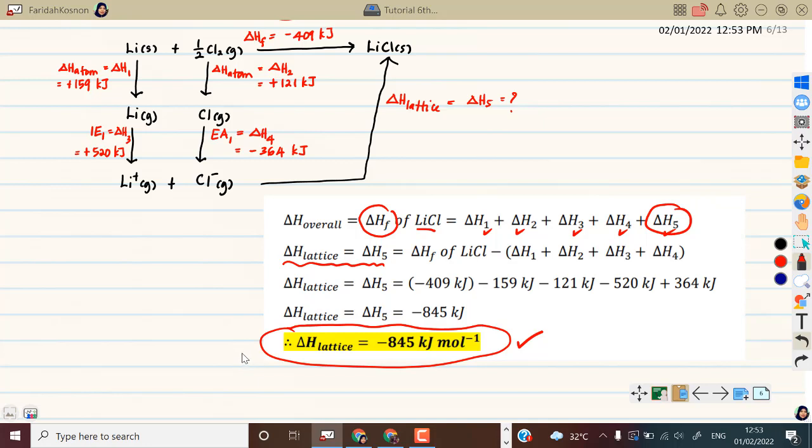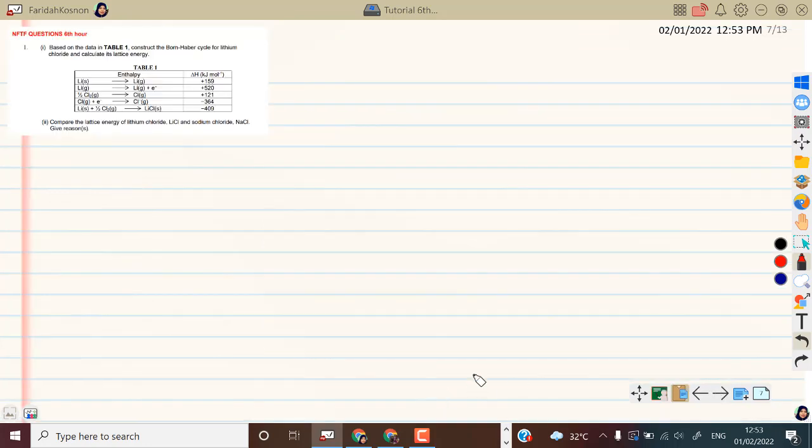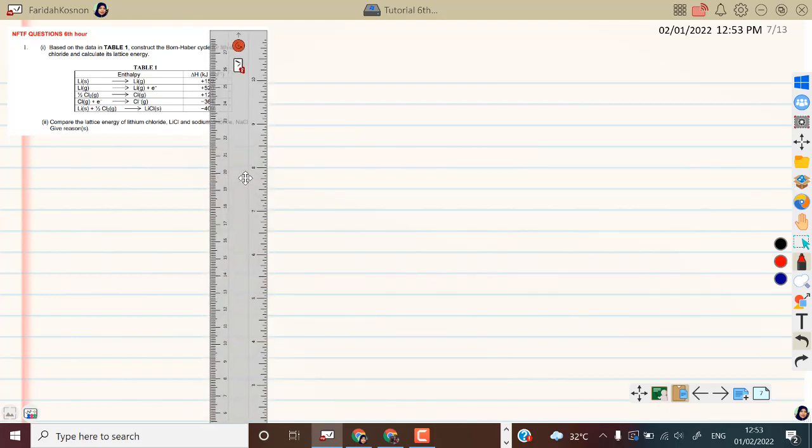Alright. Okay, now I will continue with the Born-Haber cycle in the form of an energy level diagram. Now we want to build the Born-Haber cycle as an energy level diagram. First of all, you have to sketch the axis. Don't draw it too small. So I use this one.